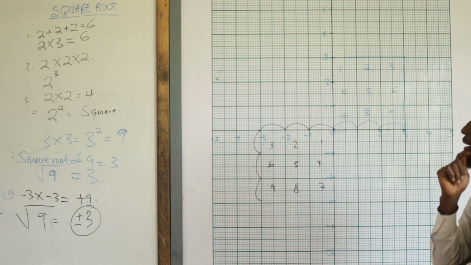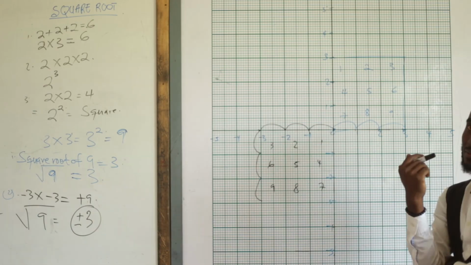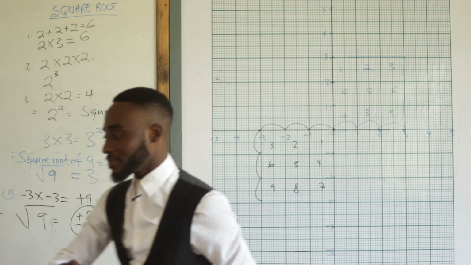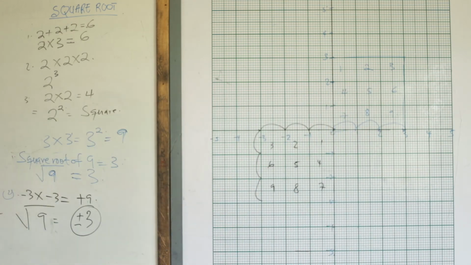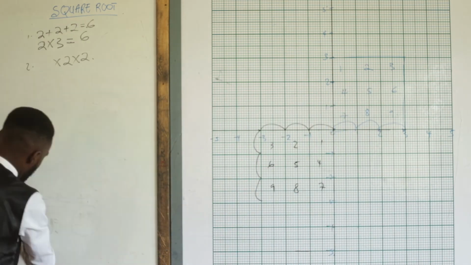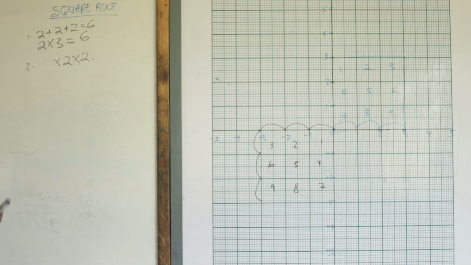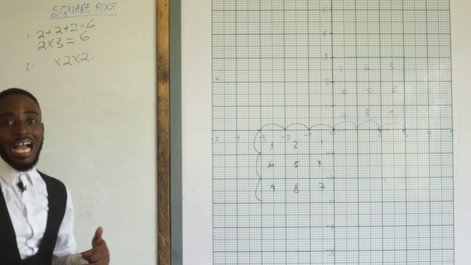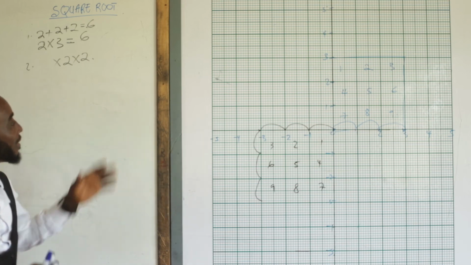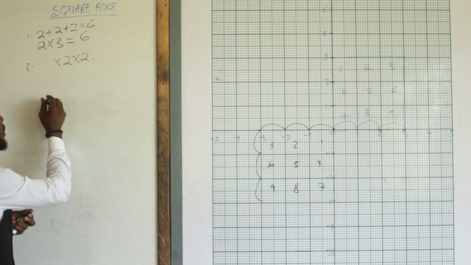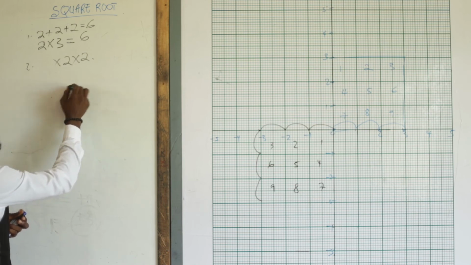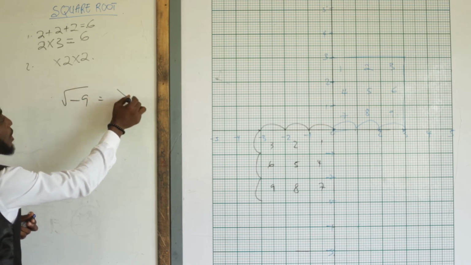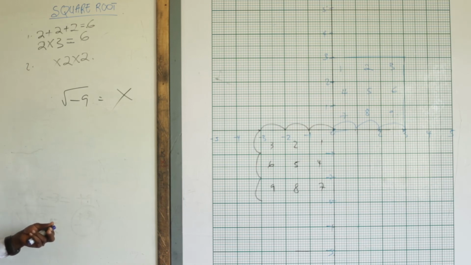Do you think that we could get the square root of a negative number? Let's try this out. What's the square root of negative 9? It's not possible. It's an error.